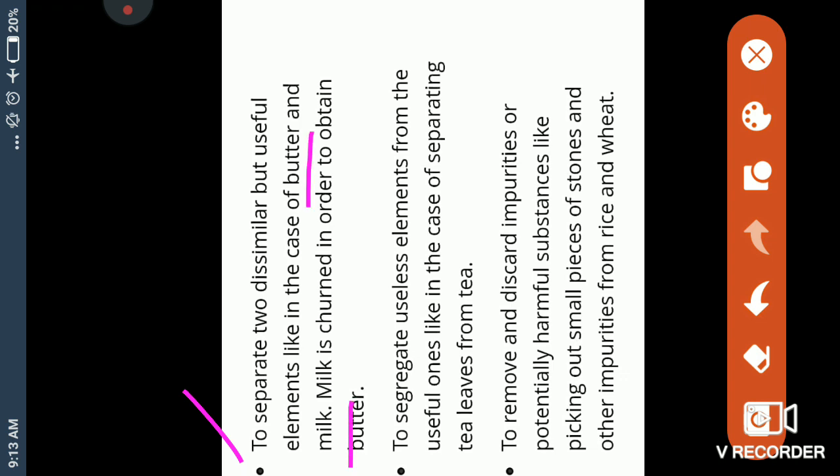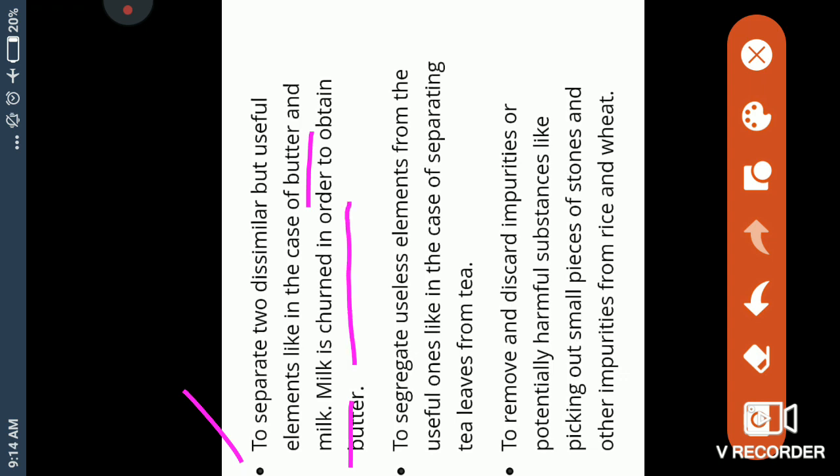Butter and milk are both very useful for our body, but both are different. We eat butter on our bread, and when we boil the butter, it converts into pure ghee.